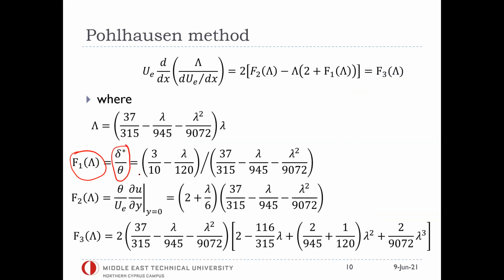Regarding Pohlhausen's method, this needs the integration. And F2 is theta over UE times your wall shear stress, or wall velocity gradient, actually a function of lambda. And the F3 lambda function is this big function over here.